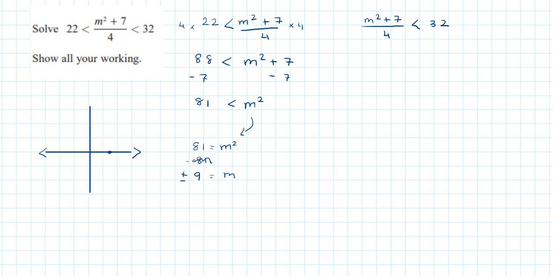I can imagine this graph. Let's change color to draw the sketch. That'll be 9 and minus 9, but it says less than 0, so I have to highlight the bit below the x-axis.